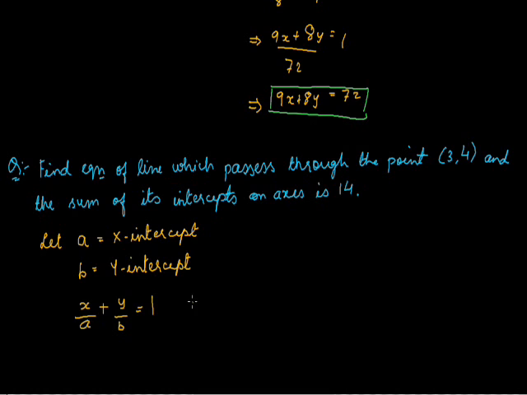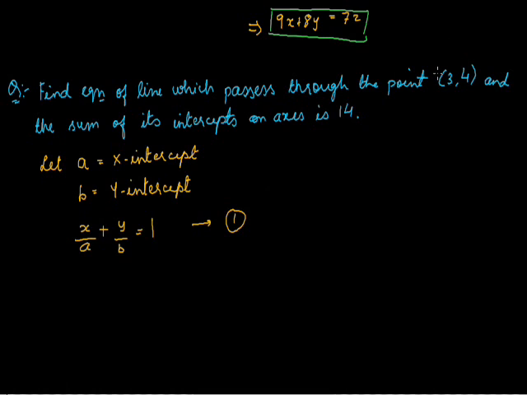Let us put this equation as number 1. Now, we are provided that our line passes through the point 3, 4. Hence, 3, 4 should satisfy equation number 1 of our line. Hence, we will get 3 upon A plus 4 upon B is equal to 1.